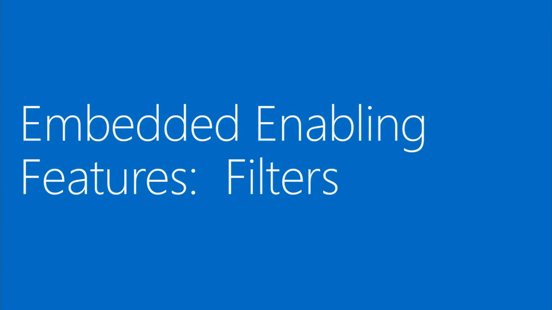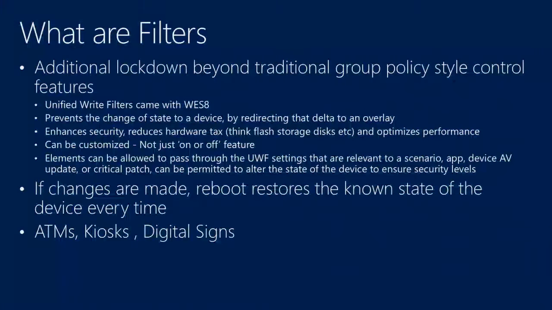All right, so what are filters? So additional lockdown, right? You have group policies to lock down or control the use of a device. But this is a built-in feature for embedded devices where in the image you can turn on write filters.